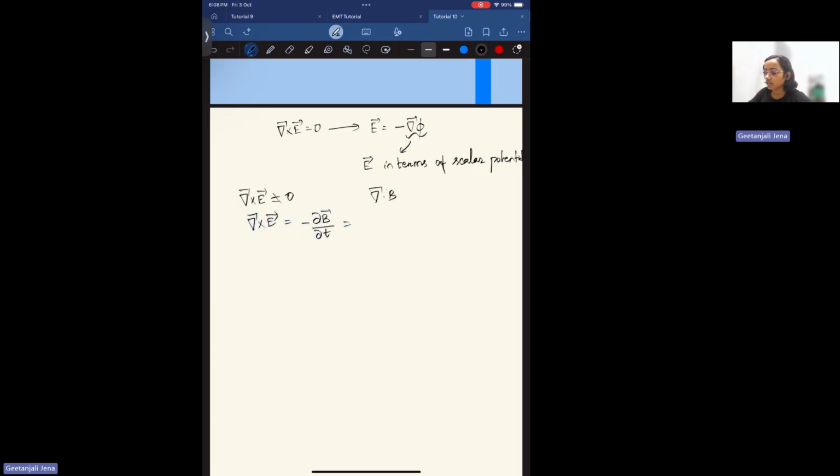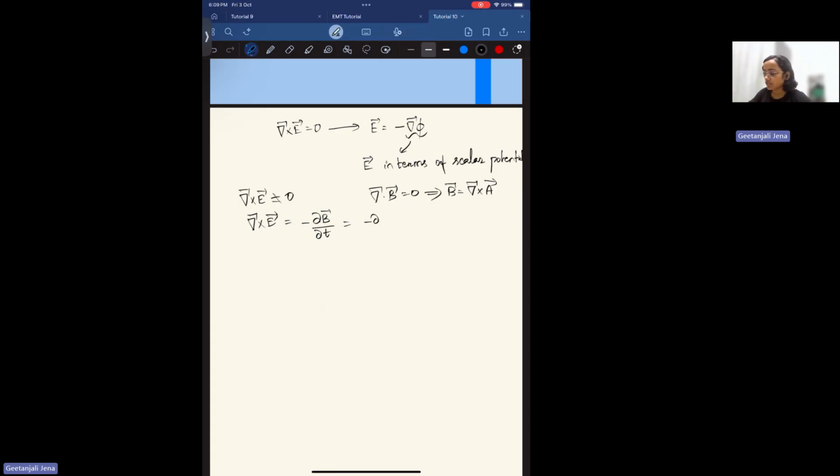Using this relation, we conclude that you can write B as the curl of some vector function A, because the divergence of a curl is always 0; it's a mathematical property.